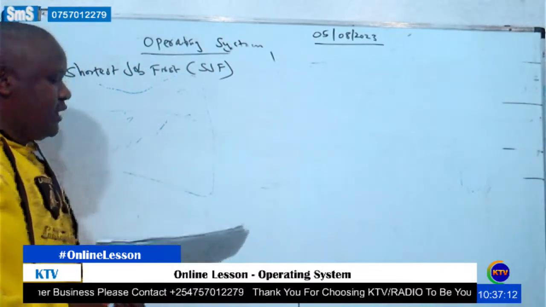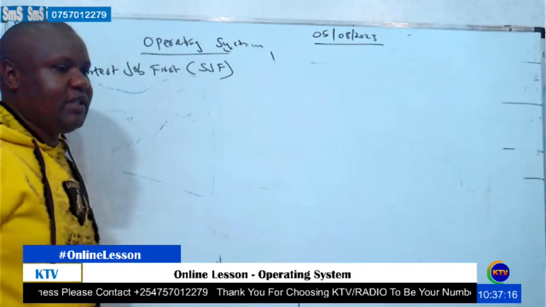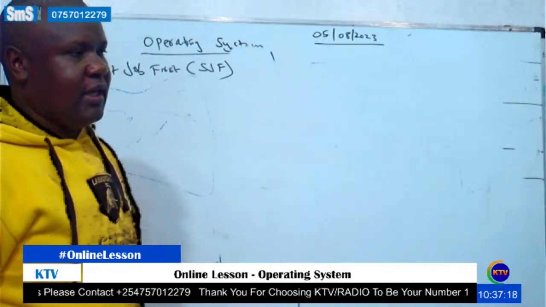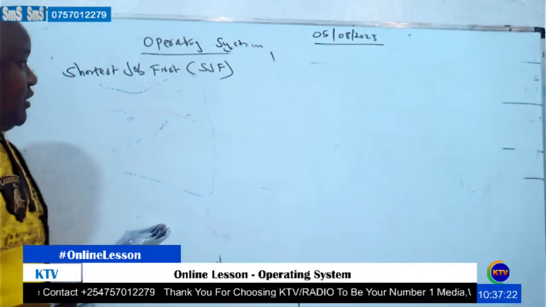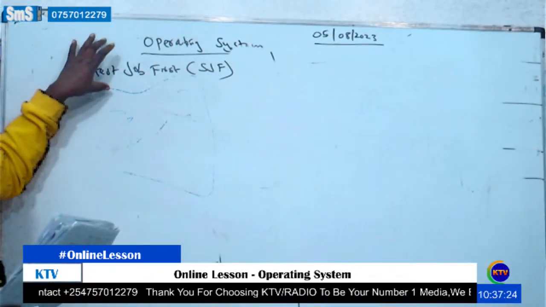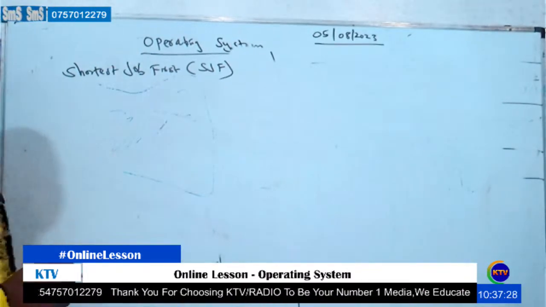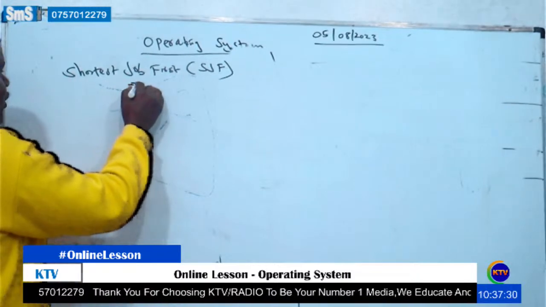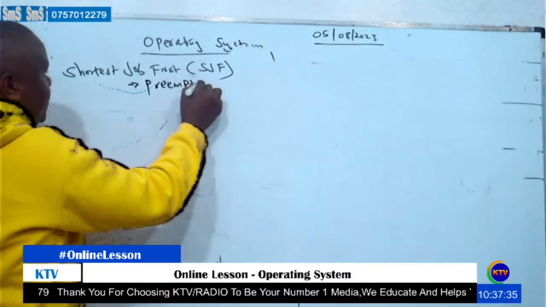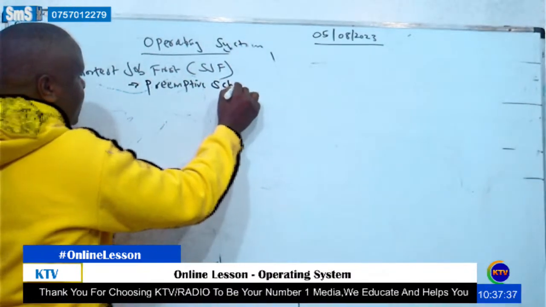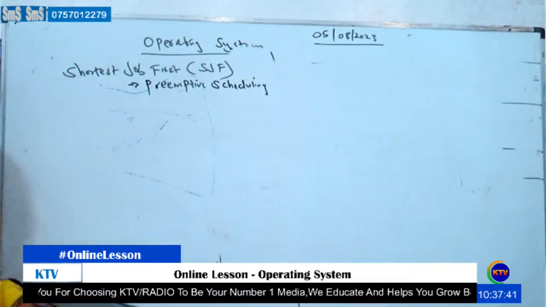In this case, the process which has the shortest burst time is scheduled first. Now this becomes the difference. This kind of algorithm uses preemptive scheduling. It uses what we call preemptive scheduling.